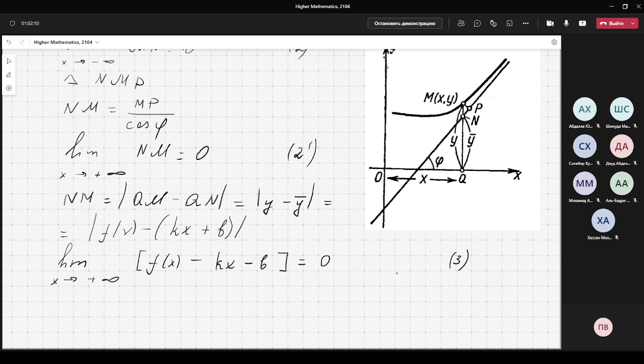And conversely, if for given constants k and b equation 3 is true, then the straight line y is kx plus b is an asymptote. Let us now define k and b.